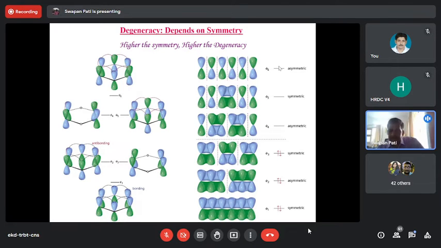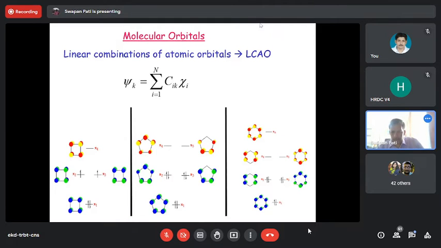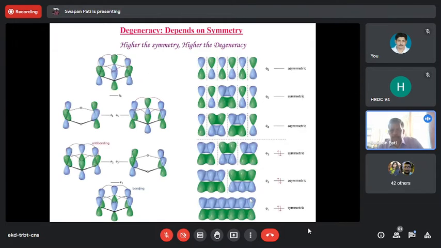It's not cyclic. Benzene has this structure, where the middle two sets are doubly degenerate because the ring structure gives a degeneracy. But if you open it up, hexatriene has no degeneracy. Each one is a non-degenerate molecular orbital: symmetric, antisymmetric, symmetric, antisymmetric, symmetric, antisymmetric.